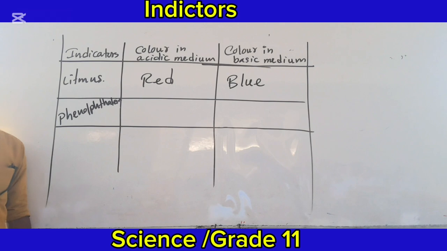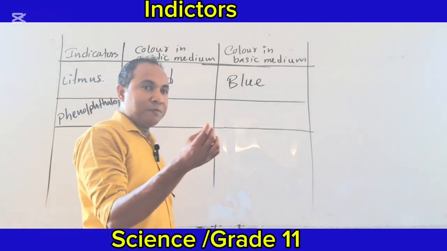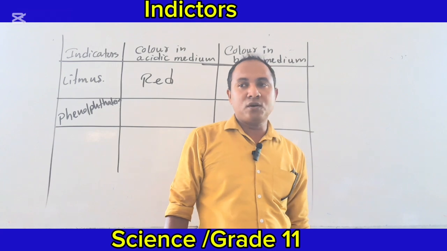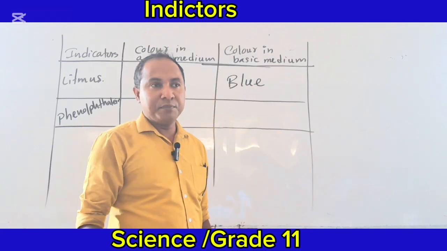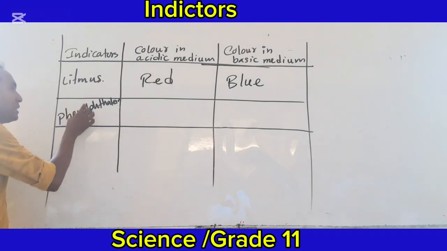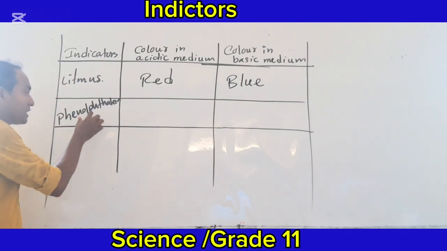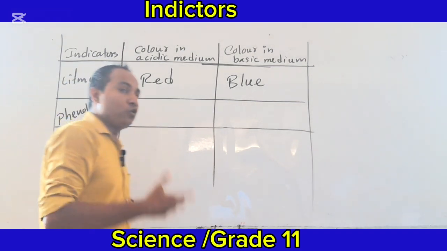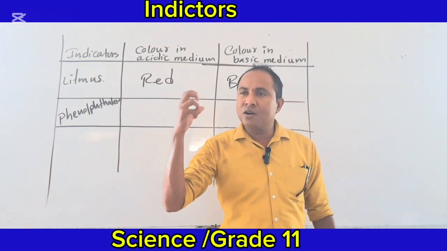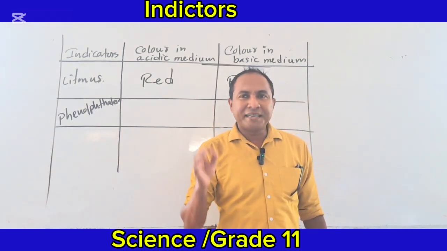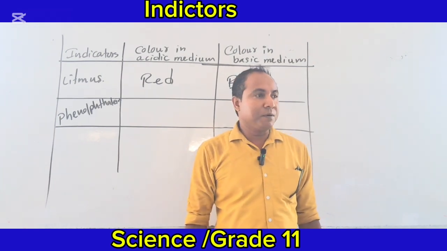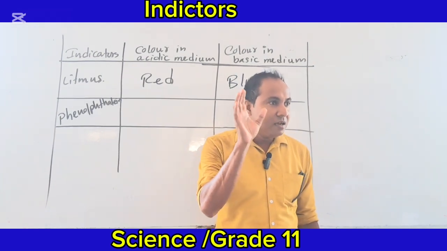Phenolphthalein solution is made by dissolving phenolphthalein in alcohol, methanol or ethanol. What will be the color of the phenolphthalein solution? Colorless. You must remember, phenolphthalein solution is colorless.